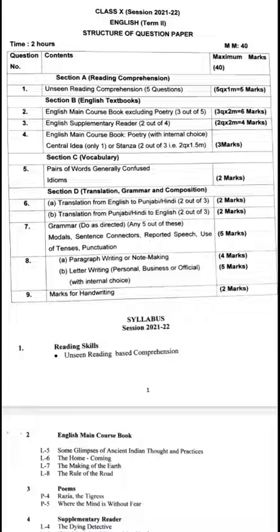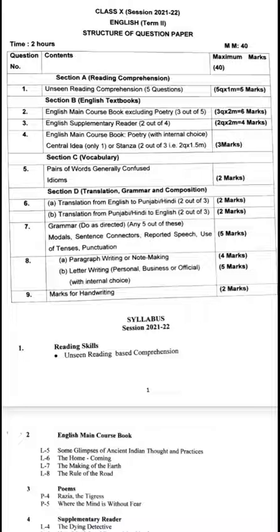Then coming to the grammar part, the topics are modals, sentence connectors means conjunctions, reported speech means narration, use of tenses and punctuation. So any 5 out of these. So you have to attempt 5. It will be of 5 marks. Then the writing part, there is paragraph writing or note making, 4 marks.